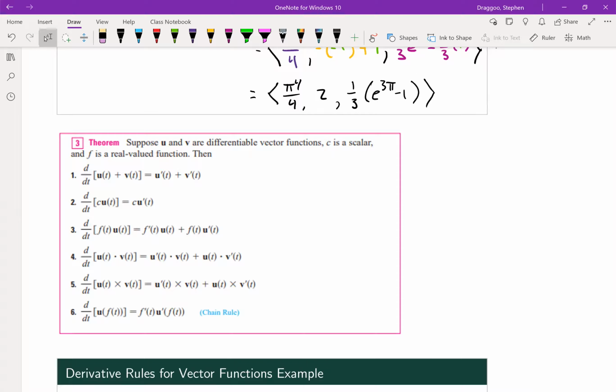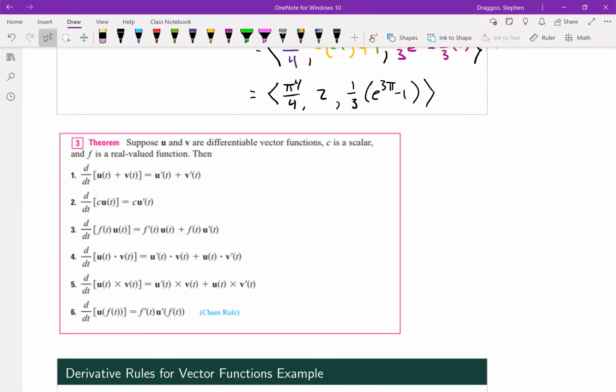So rule 2. Rule 3, 4, and 5 are all basically the product rule. It's just we'll look at 3 different types of products when we're looking at vector valued functions. So we have a product of a scalar function and a vector function, which works just the way the product rule says it would.